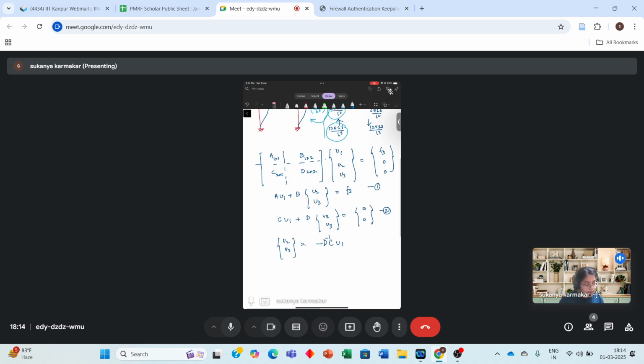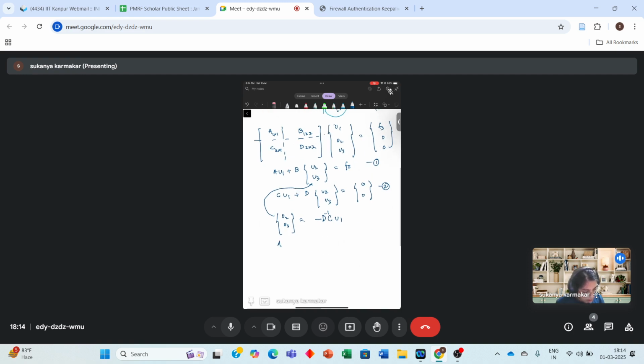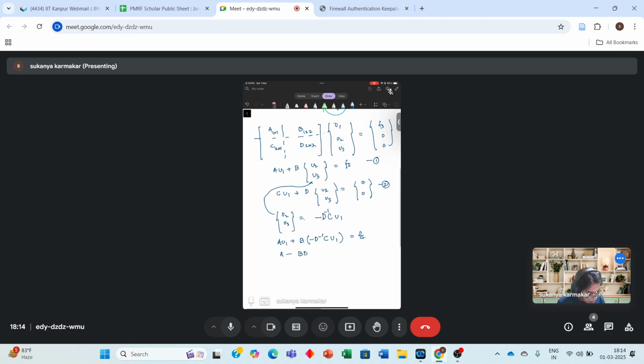So I can calculate U2 and U3 in terms of U1, and substitute this in the first equation, which will be A times U1 plus B times minus D inverse C U1 is equal to Fs. Or I can write A minus B D inverse C times U1 is equal to Fs.